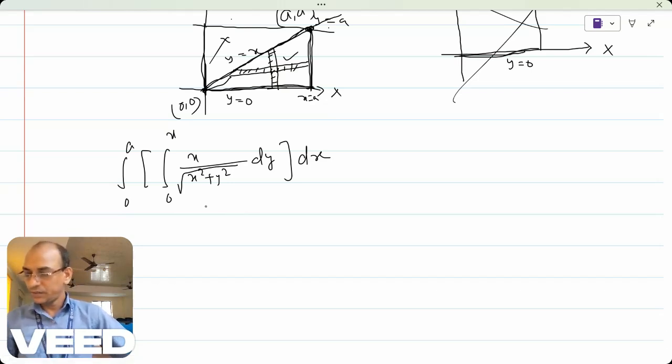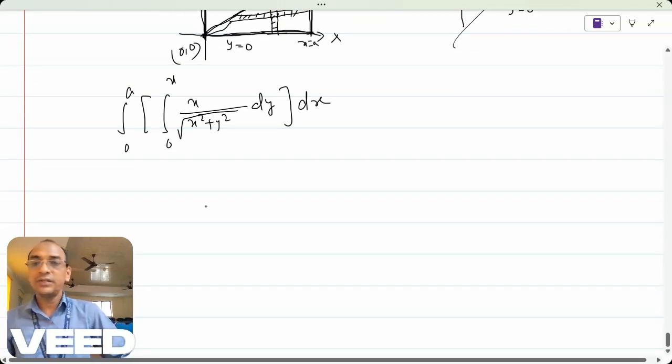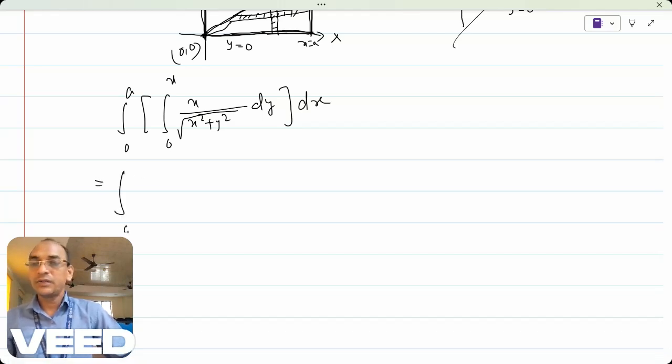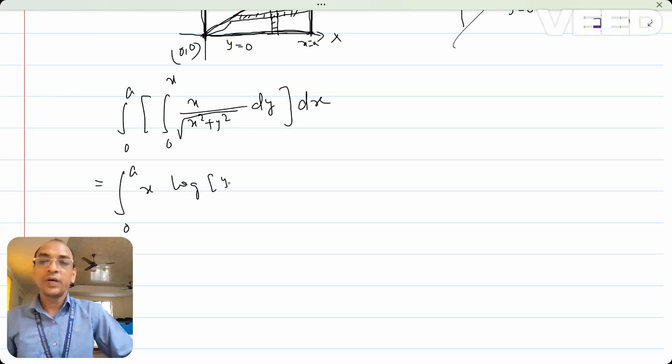The integration of this with respect to y is, integration 0 to a, x will be outside, and the integral of that is log of y plus root over of x square plus y square.